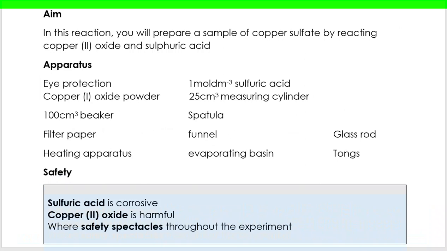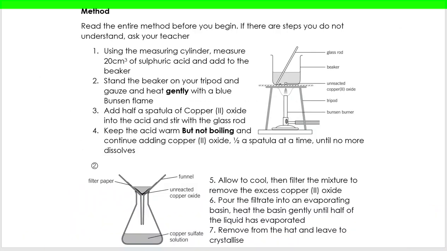There's a big similarity to the practical that we saw with the metal and acid in the previous video. You take a measured volume of acid, you put it in a beaker and you warm it. Now you might be thinking about why we're warming it. That's so that the reaction will take place quicker when we add our metal oxide to it.